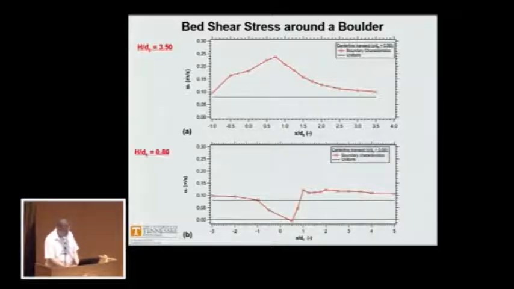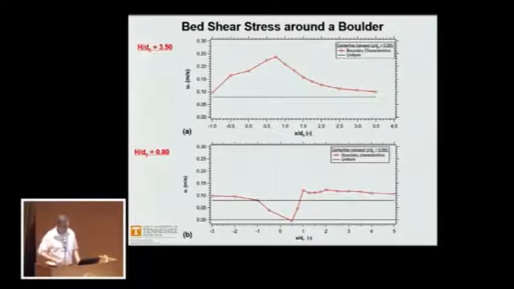And we can see clearly that the solid line here is essentially the friction velocity for the approach uniform flow. So this is essentially the square root of gHS.